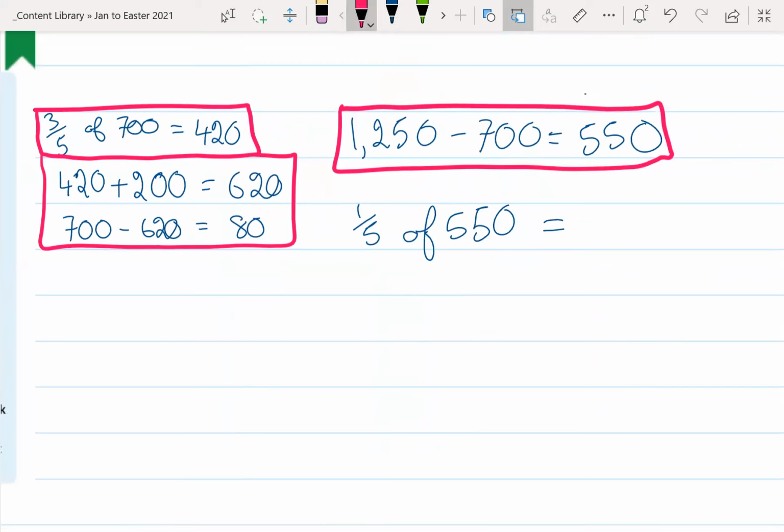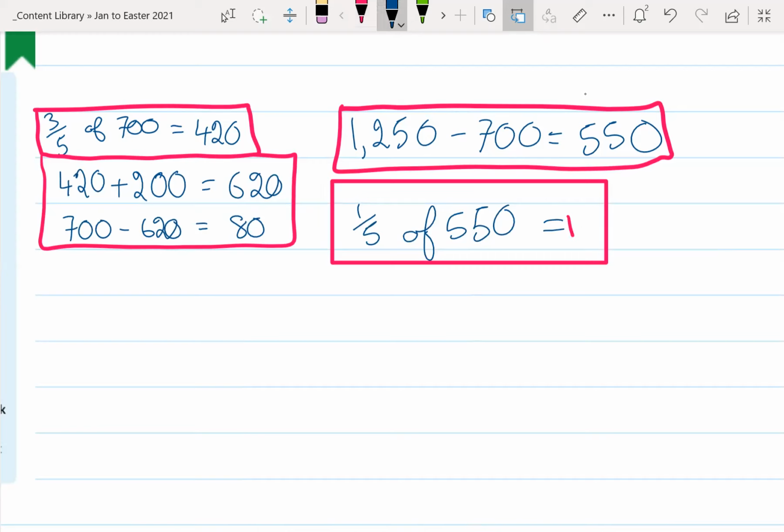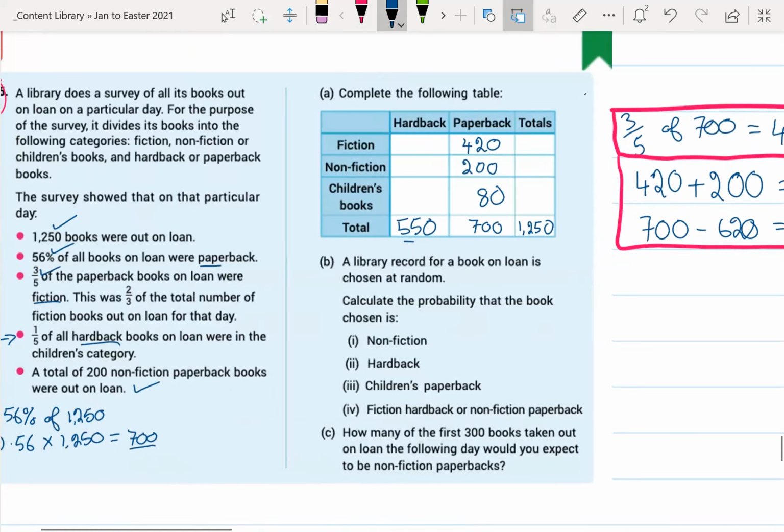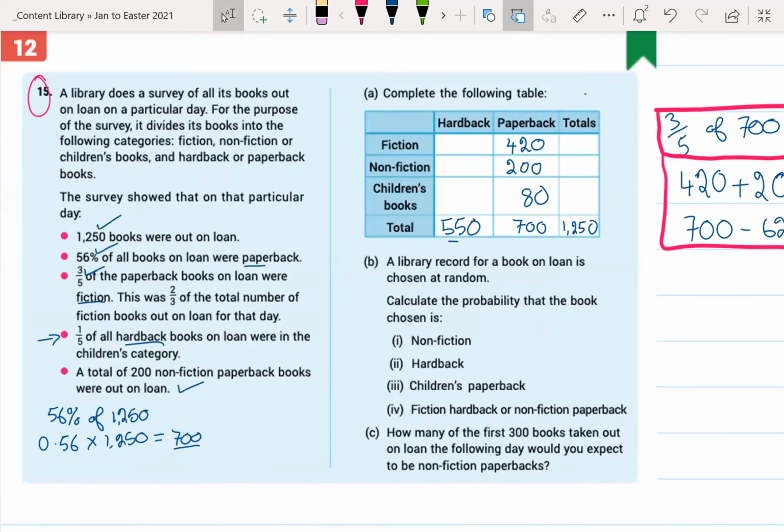Apologies, my pen is quite slow today. So 110 is the 1/5 of hardback books in the children's category.